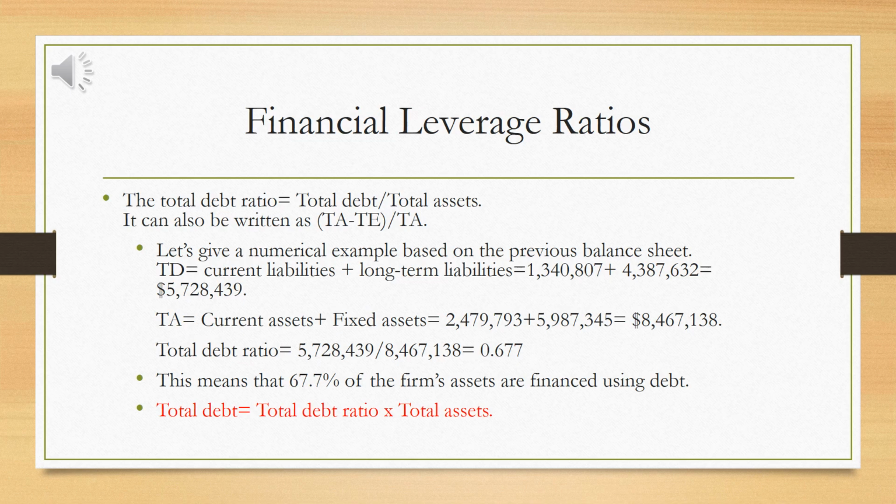So, 2,479,793 plus 5,987,345. Thus, total assets are 8,467,138, and the total debt ratio equals 5,728,439 over 8,467,138. Total debt ratio equals 0.677. This means that 67.7% of the firm's assets are financed using debt.